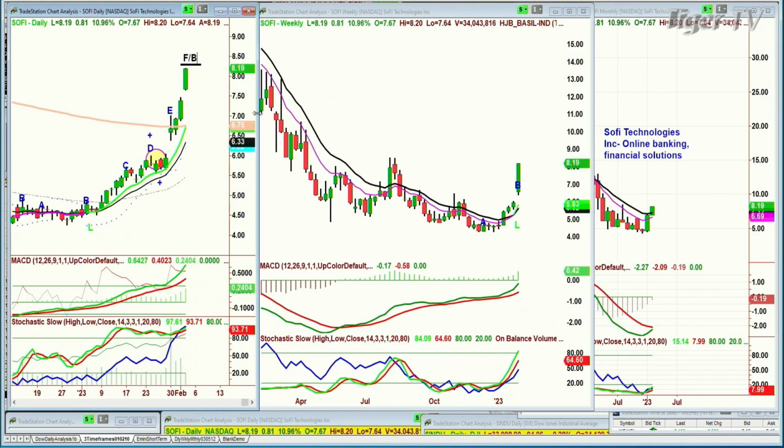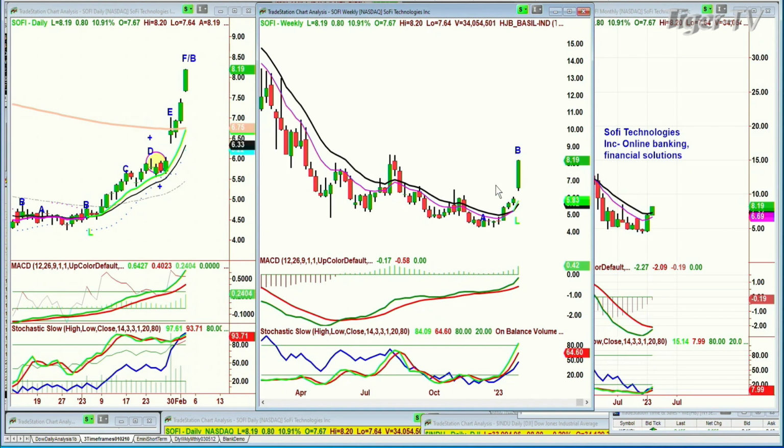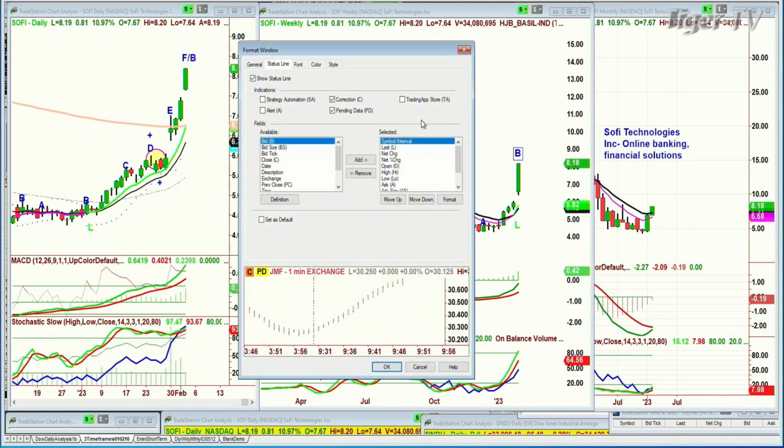Nothing to talk about in terms of saying, oh, get out. No, but I would say be prepared that this could start a little choppy move here with the on-balance volume being this overbought. The stochastic at 93% is great. MACD is still expanding. This is really good action. SoFi Technologies, Inc., online banking and financial solutions.